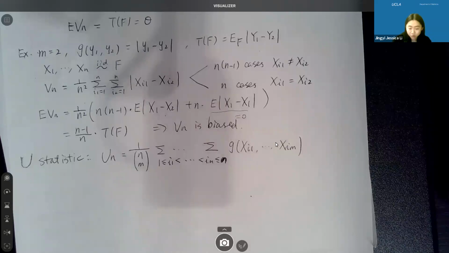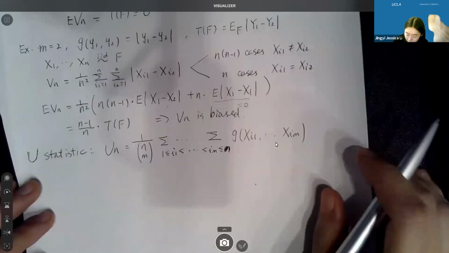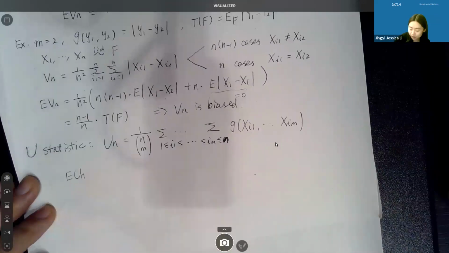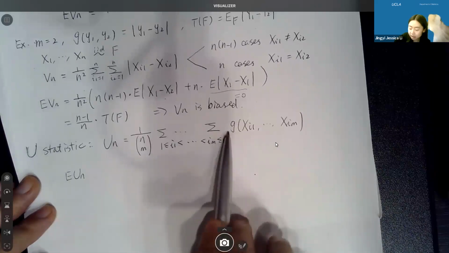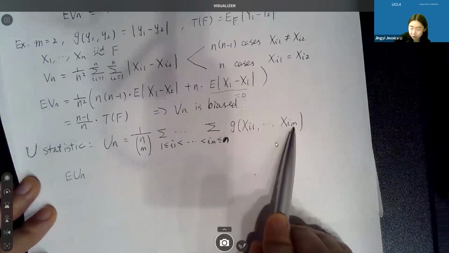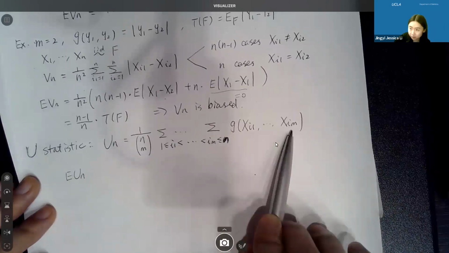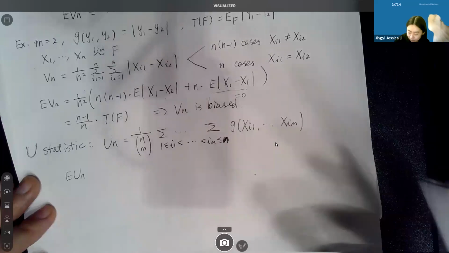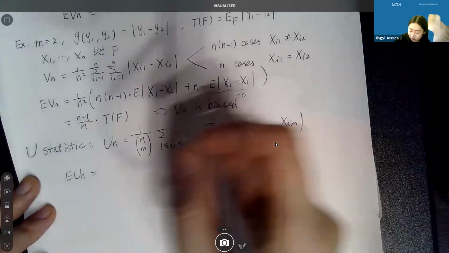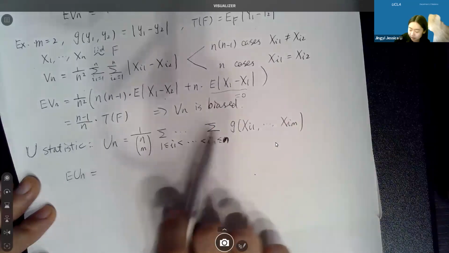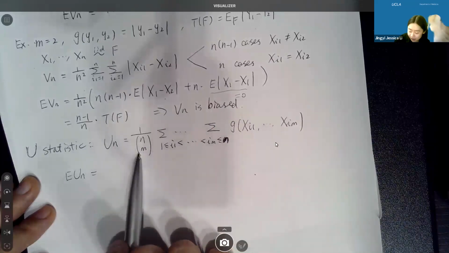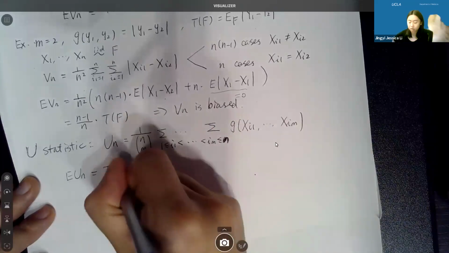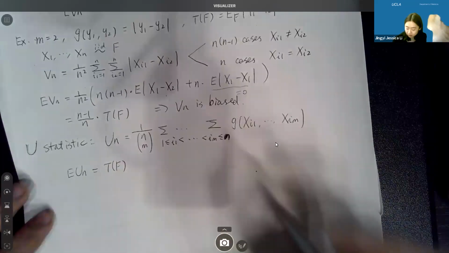And therefore, we can easily show that in this case, the expectation of Um, if you take the expectation inside the summation, then for each expectation of G, XI1 to XIM, because they are not equal to each other, they are equal to TF. Inside the sum, there are n choose m possible terms, and they all have the same expectation. So I cancel with this division, and I have that equal to TF. So that's why we have the unbiasedness.